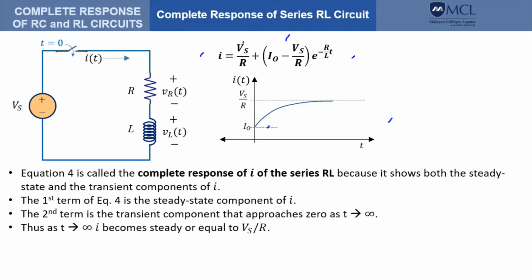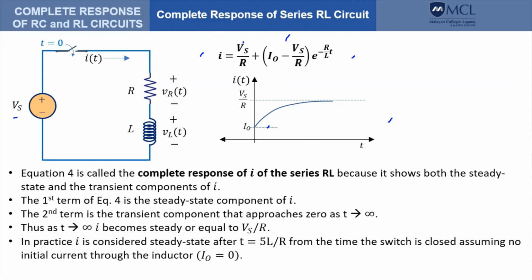So as t increases, I becomes steady or equal to V sub S over R, where V sub S is the applied voltage to the circuit after the switch is closed. Again, in practice, I is considered steady state after time 5L over R from the time the switch is closed, assuming that there is no initial current through the inductor at t equals 0.